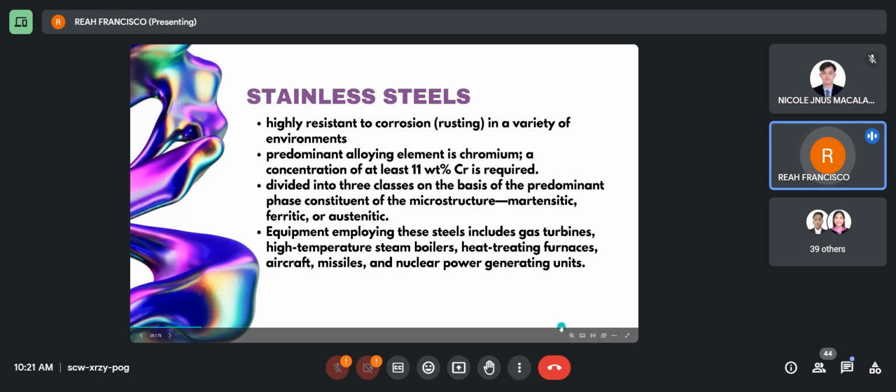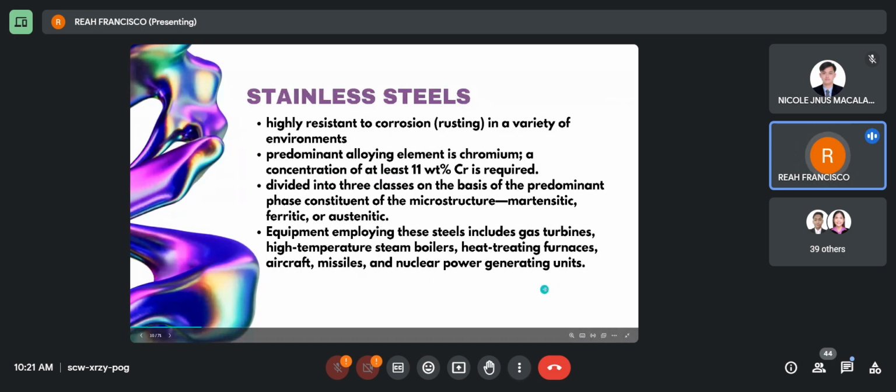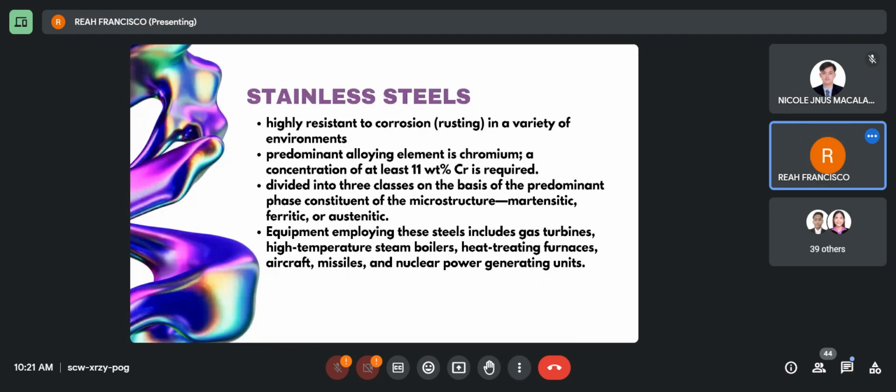And its predominant alloying element is chromium, and its concentration is required at least of 11 weight percent of chromium. And it is divided into three classes on the basis of the predominant phase constituent of the microstructure, which is martensitic, ferritic, and austenitic.